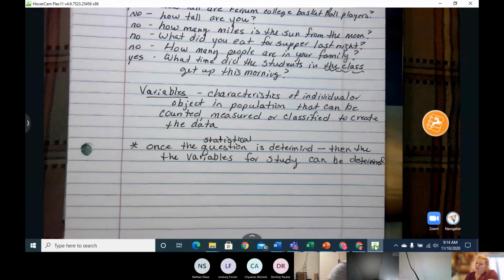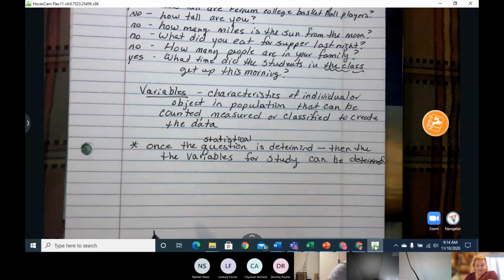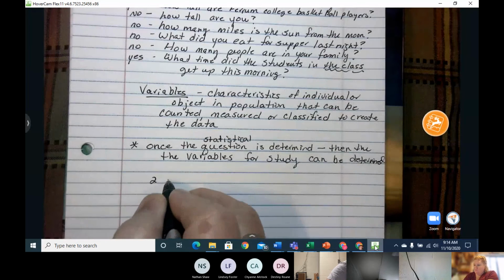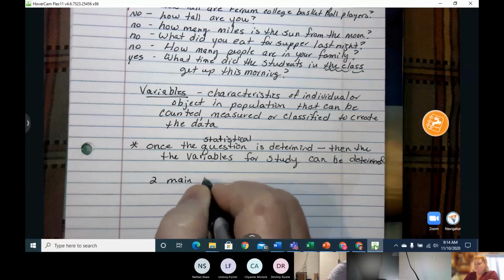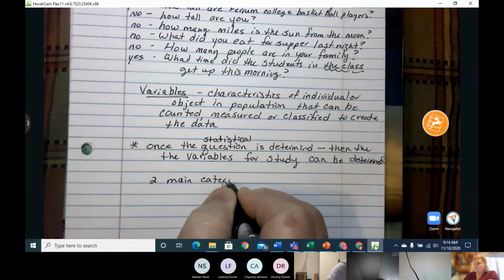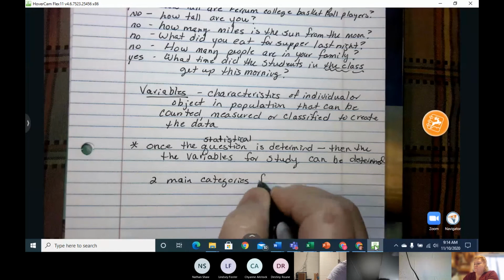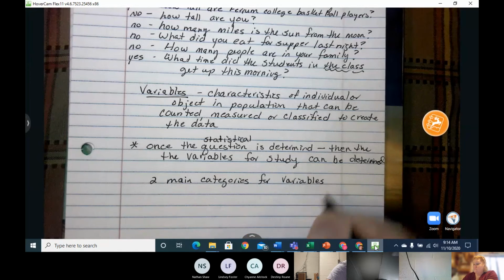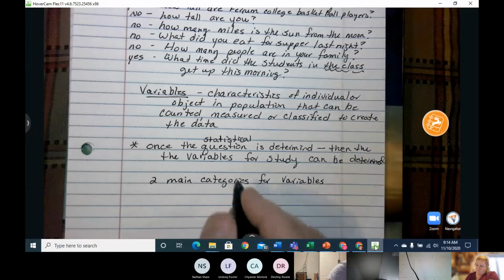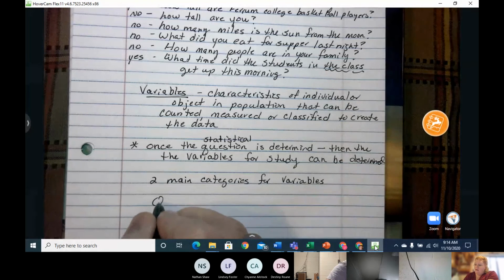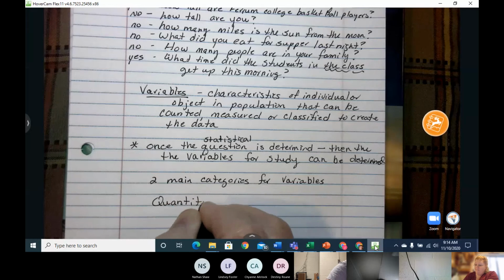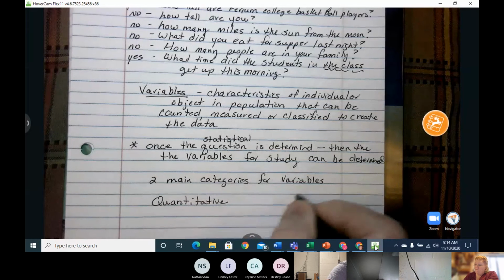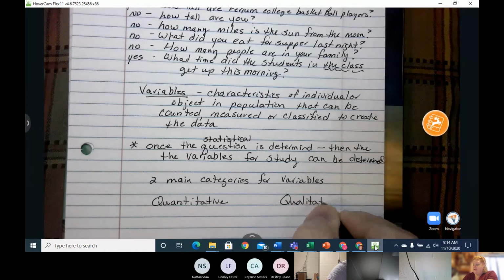Now, your variables fall into two categories. Either they are going to be quantitative, or qualitative.